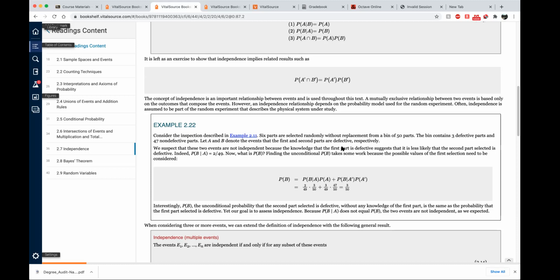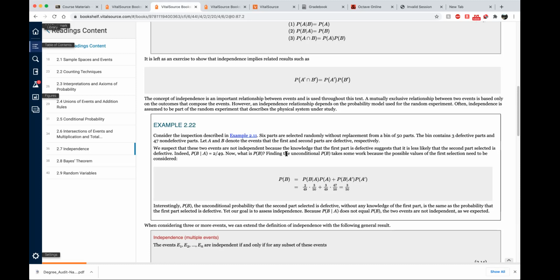If the first part is defective, then when you choose the second part, since we already got a defective part in the first try, the total number of defective parts is going to be reduced by 1. So we suspect that these two events are not independent.